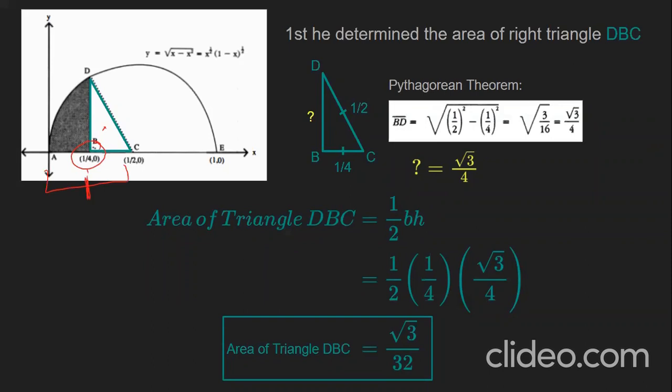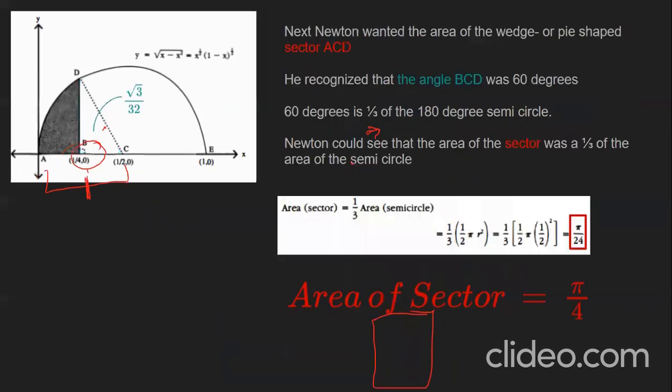And he found the area of this triangle using the Pythagorean theorem, 1/4 squared, essentially. And he found the area of the triangle to be √3/32. Okay, so now we know this is √3/32. That's the area.